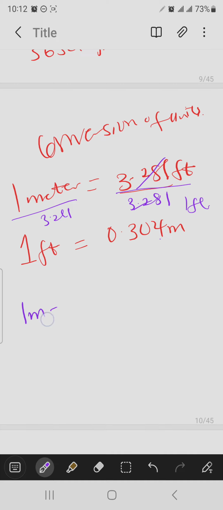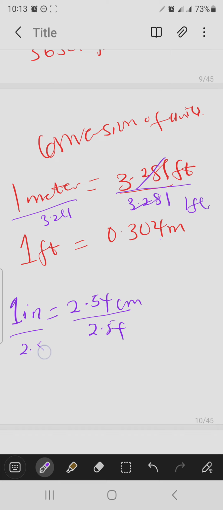Another one: 1 inch equals to 2.54 centimeter. If you want to calculate 1 centimeter now, just divide by 2.54.